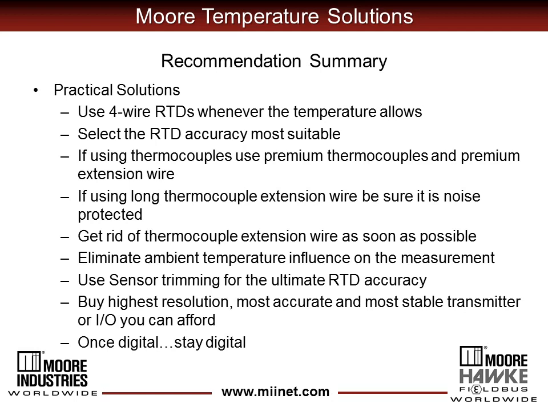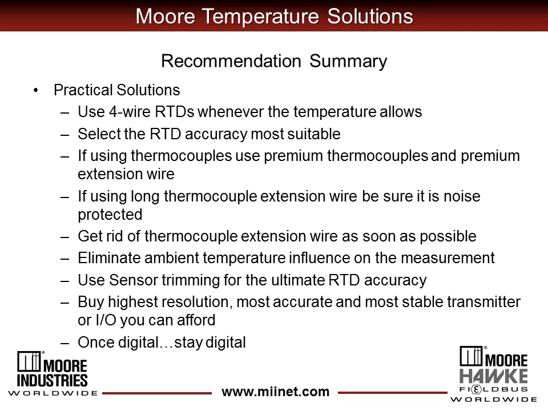4-wire RTDs eliminate the error caused by copper lead wire. Use them whenever possible. The cost difference is so insignificant, I would always use Class A RTDs and ones that have been aged through temperature cycling.